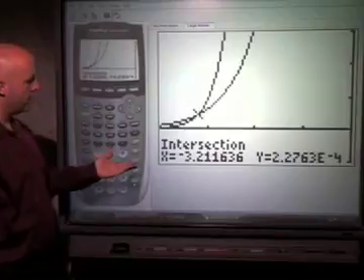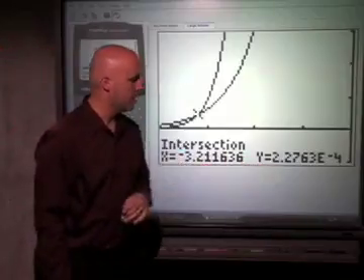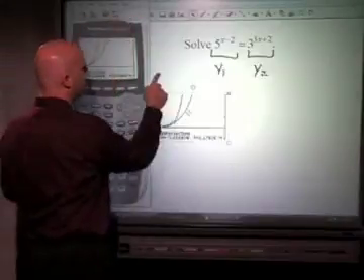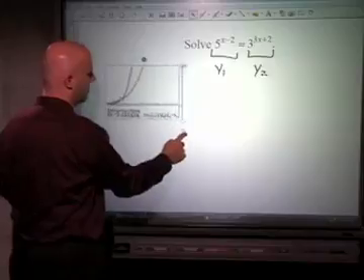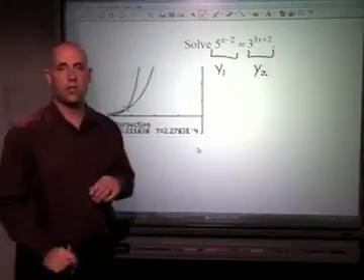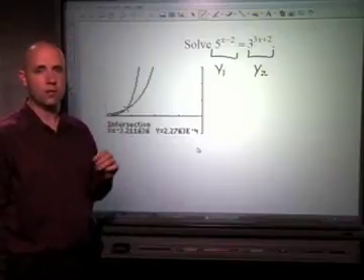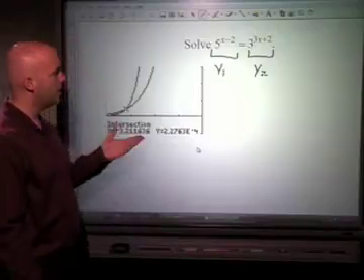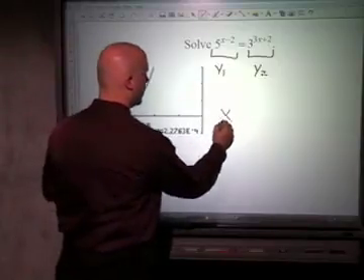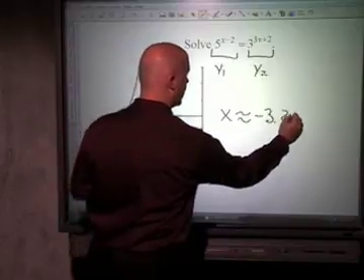We find our intersection point is approximately -3.21, 2.28 times 10 to the -4th. When we're solving equations using our intersect feature, it's the x-coordinate of the intersection point that is the solution to the equation. In this particular case, the solution to our equation will be x approximately -3.21.